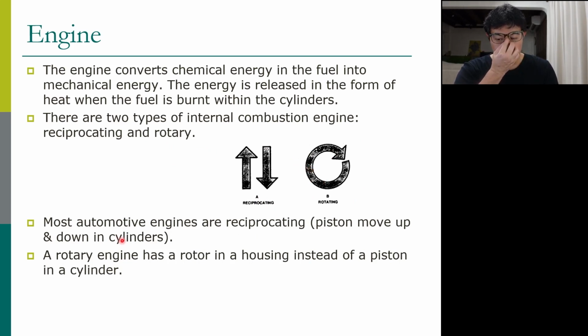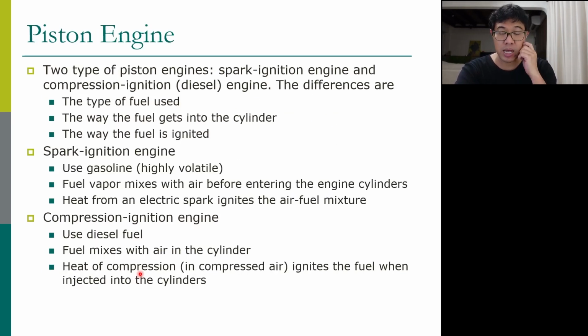Most automotive engines are reciprocating, which means we have a piston inside and the piston moves up and down. The rotary engine, instead of pistons, has rotors rotating inside a housing. We're going to talk about that later. Let's focus on the piston engine.